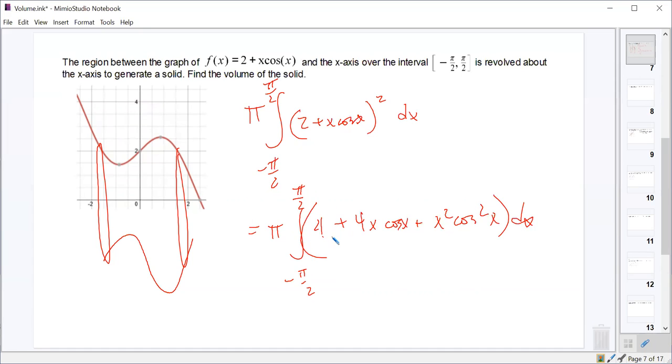The 4 is easy enough to get your 4x, right? But the 4x cosine x, you got to do by parts. And the x squared cosine squared x, you'll have to do power reducing and do parts of it by parts. But we can just use our graphing calculator to tell us what this integral is and make sure that you are in radians. So let me know what you got.